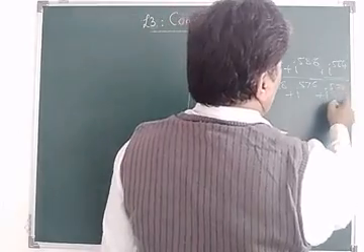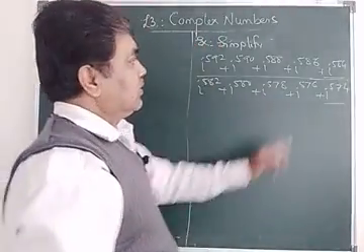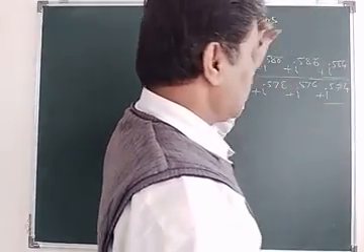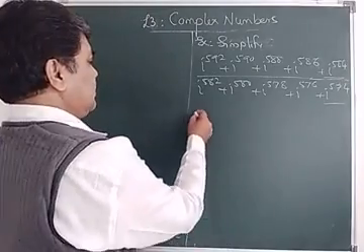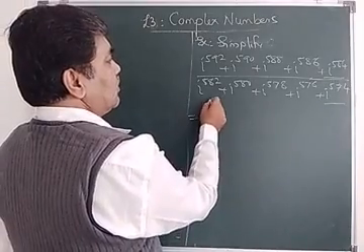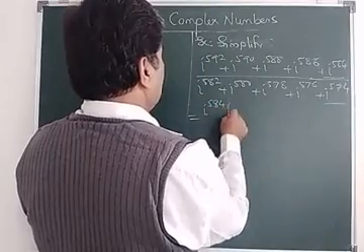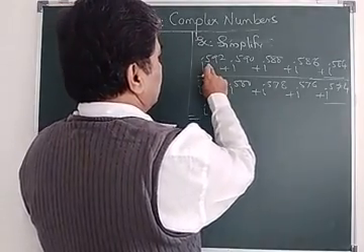From this we'll take the lowest power term from numerator and denominator outside, which is i raised to 584 in the bracket.